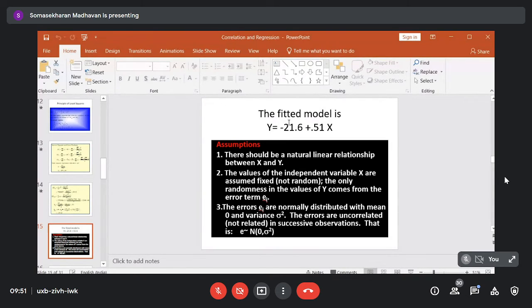If the data satisfies all these assumptions, then you can go for the fitting. And if the data violates the assumptions, you should go for the respective remedial measures, and only then go for the construction of the model.